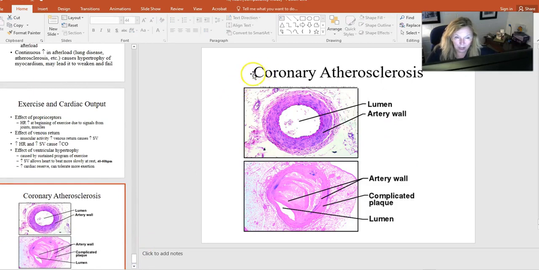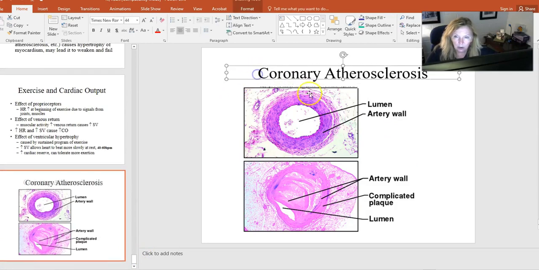And those coronary arteries are the ones they go in and evaluate to see if there are any blockages to blood getting to those tissues.